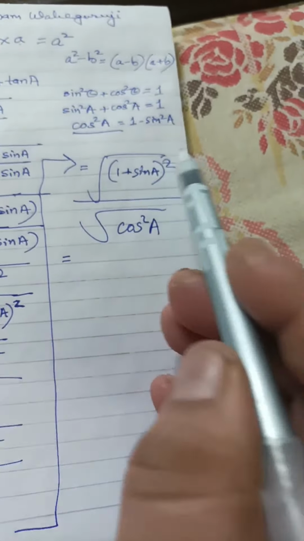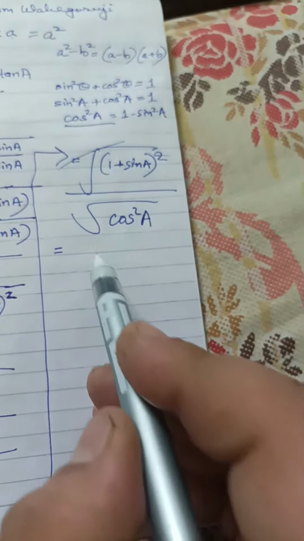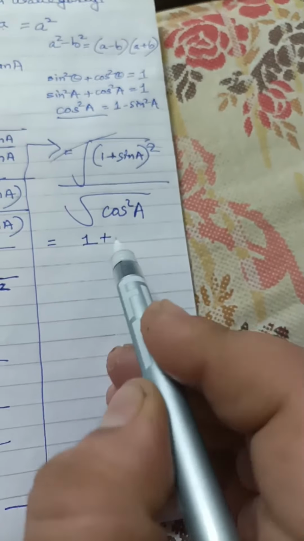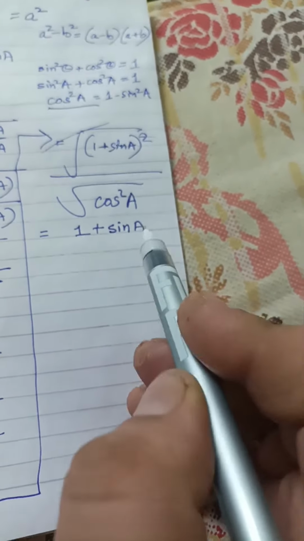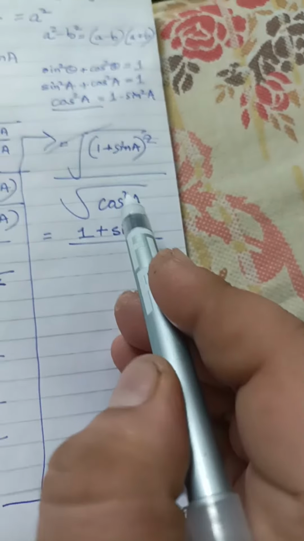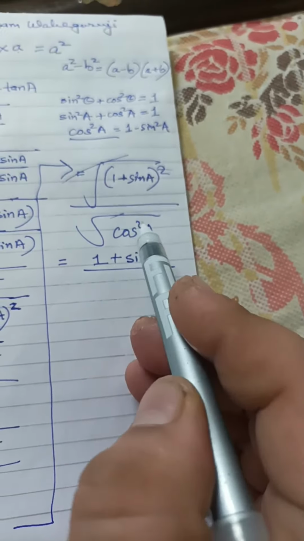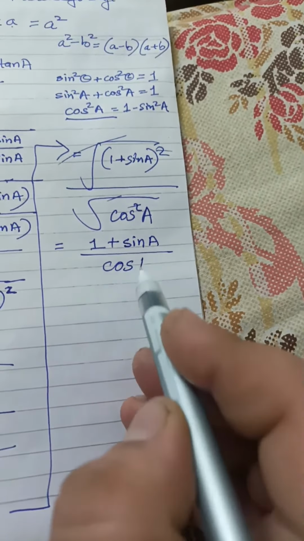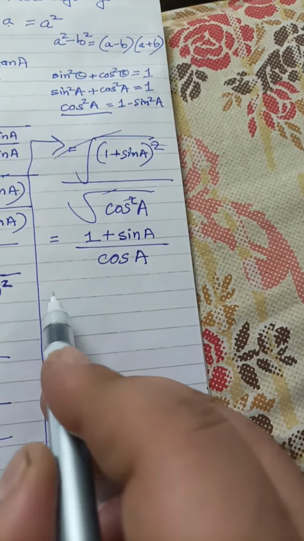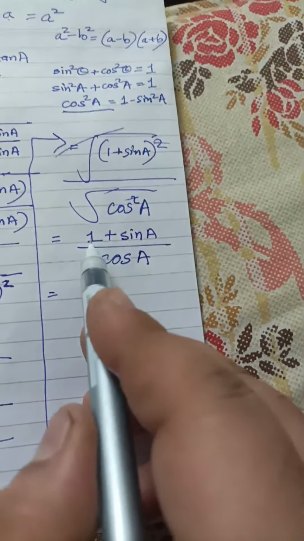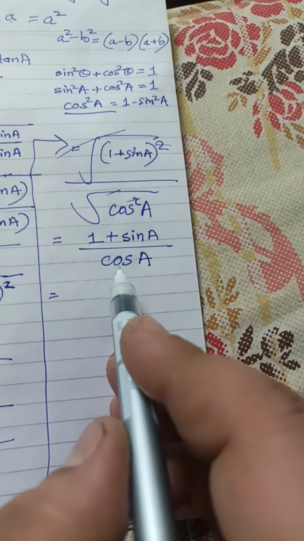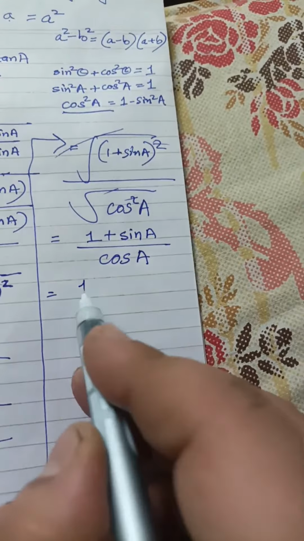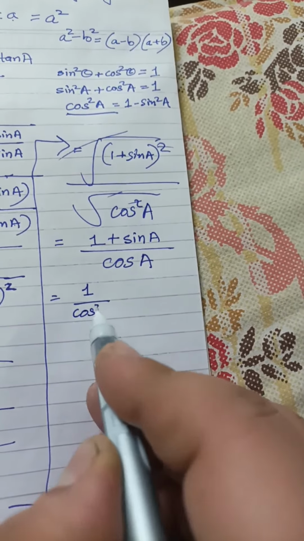Now this square and this square root would get cancelled, so in the numerator we are left with 1 plus sin a. In the denominator also the square root and square got cancelled, so we are left with cos a.